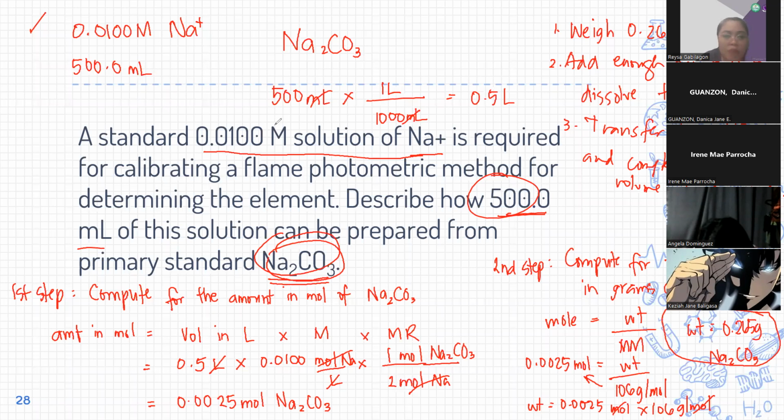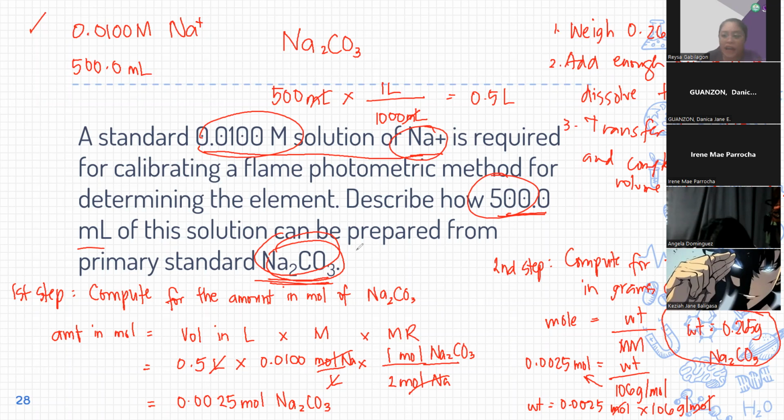0.01 molar of the sodium ion. It's just that since we don't have a pure sodium ion in the laboratory, we will be using the sodium carbonate. But the amount of sodium carbonate we will use will have this amount of the sodium.